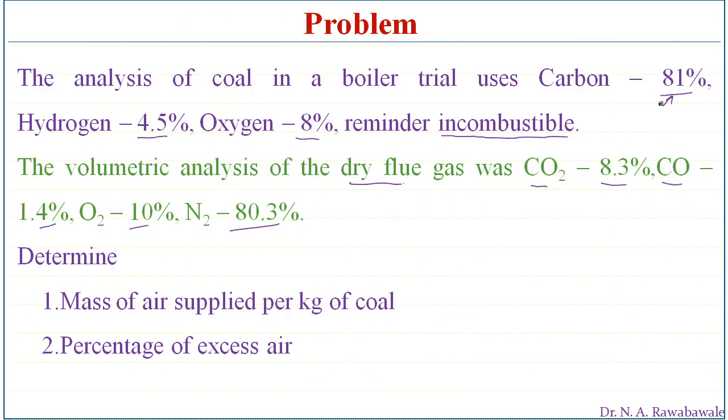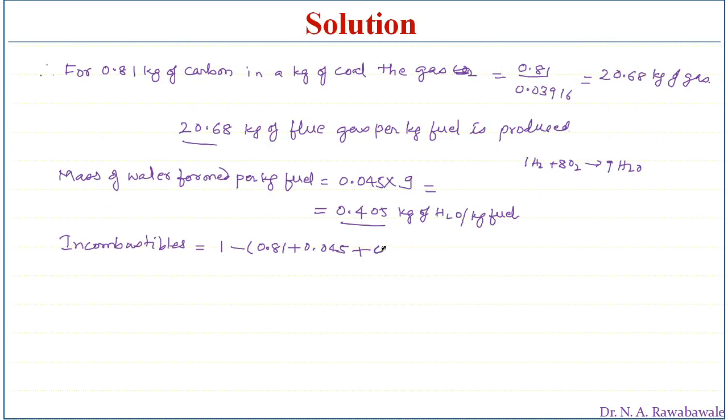Out of 1 kg, 81% means 0.81 kg is carbon that is going to burn, 4.5% hydrogen is going to burn, and oxygen helps in combustion. So 81% carbon, 4.5% hydrogen and 8% oxygen take part in combustion. The rest of the things are incombustible.